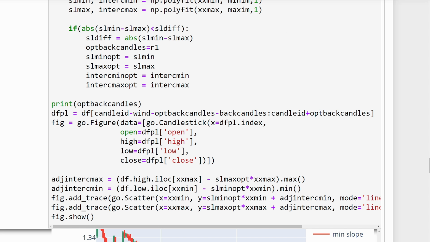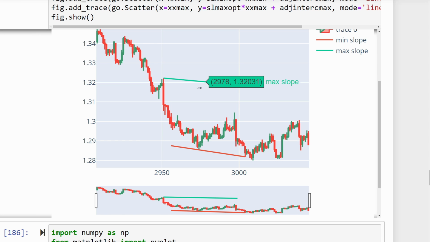So we're going to plot our candlesticks, and then we are also going to adjust our intercepts to go through specific points in a way that these two slopes will be wrapping the margin within which the price is moving. So if we plot these slopes on top of our candlesticks, this is what we get for one particular candlestick.